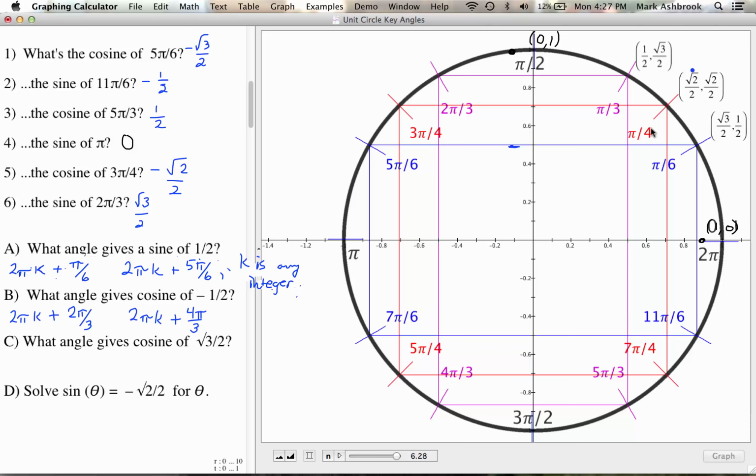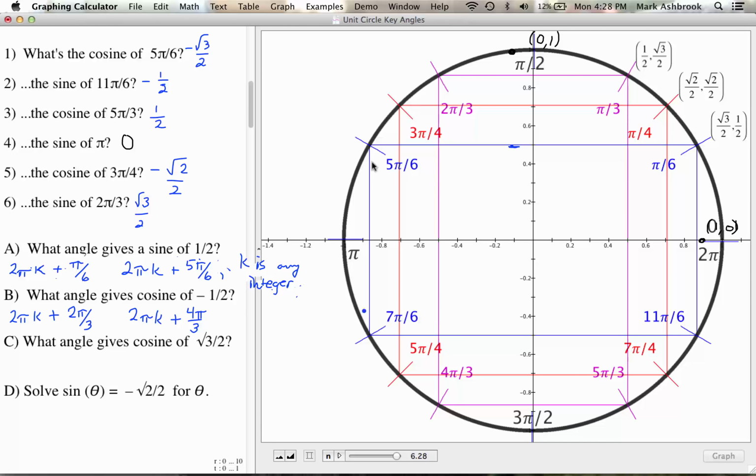But the idea is that knowing these coordinates here in the first quadrant, because of the symmetry of all these angles that we found, the 16 key angles, we now know the coordinates of every point for the 16 key angles on the circle just by applying the right positive or negative, knowing that sine is positive when you go above the horizontal diameter, sine is negative when you go below, cosine is positive when you go to the right of the vertical diameter, and cosine is negative when you go to the left of the vertical diameter.